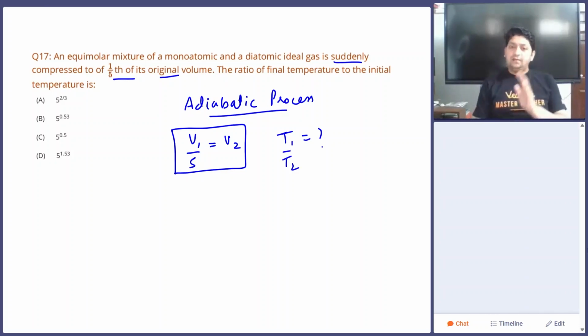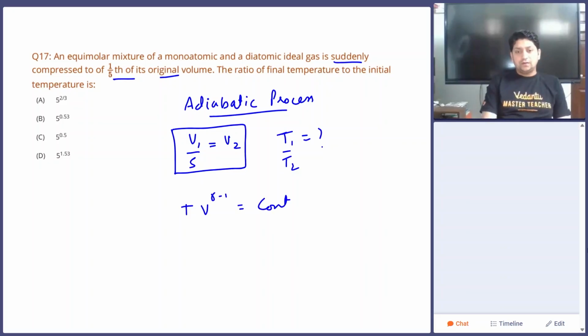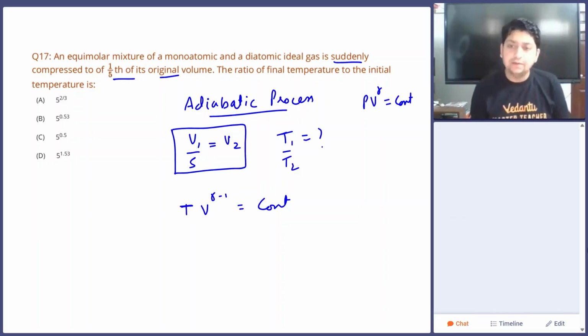Now, in adiabatic process, the equation of adiabatic process, which consists of temperature as well as volume, is nothing but TV raised to power gamma minus 1 is equal to constant, right? Because we know PV raised to power gamma is equal to constant. This is the general equation of adiabatic process.